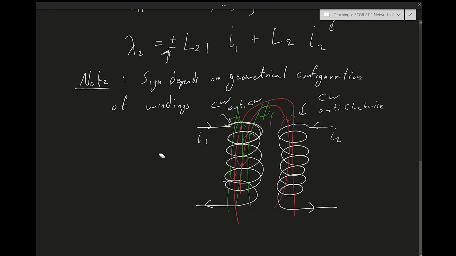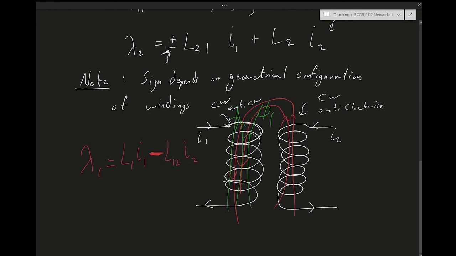So that tells me that lambda 1 would have the self-inductance term, but then because the flux from coil 2 is always opposing, that will cause a negative sign. The linkage decreases if I2 increases, because the flux coming from coil 2 is in the opposite direction compared to the flux that's coming from coil 1 in this manner.